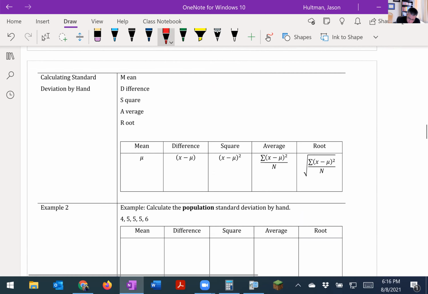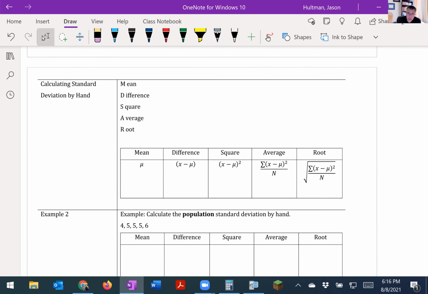Okay, calculating standard deviation by hand. We calculate the mean, then the difference for each data point, then we square those differences, then we sum all of those up and divide by the number of items.